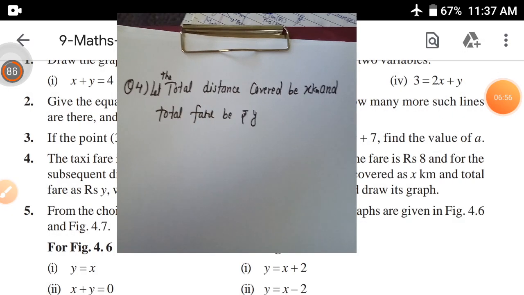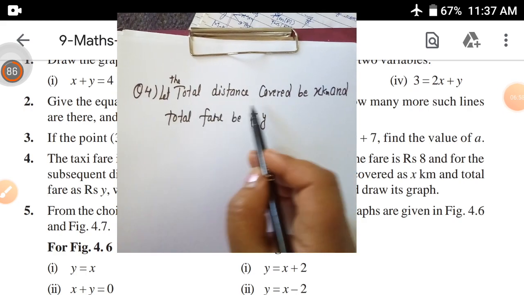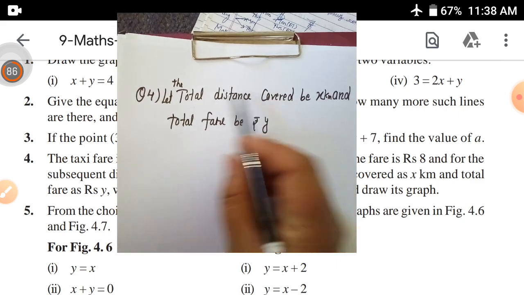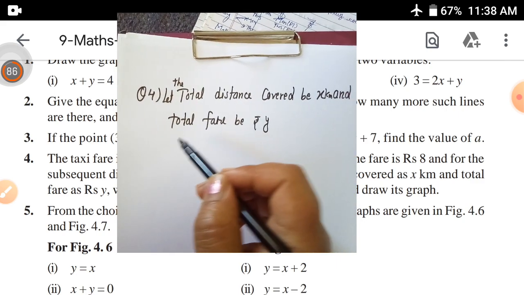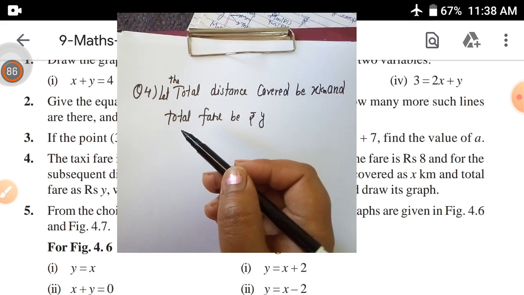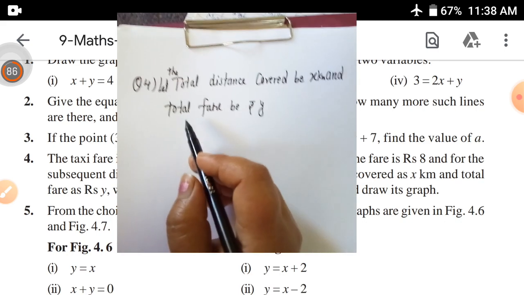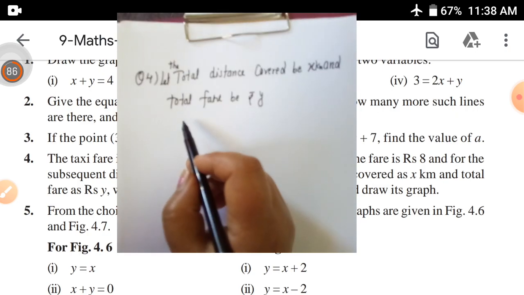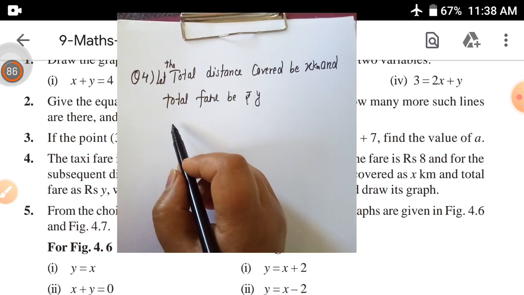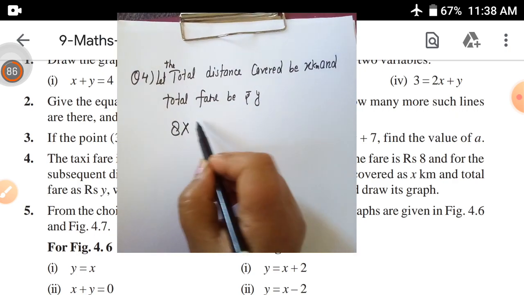Now I have assumed that the total distance covered is x kilometers and the total fare is y. I have not written it by myself, because it is already given in the question. Now what is the question saying? If you are sitting in the taxi, you have to pay 8 rupees for the first kilometer.